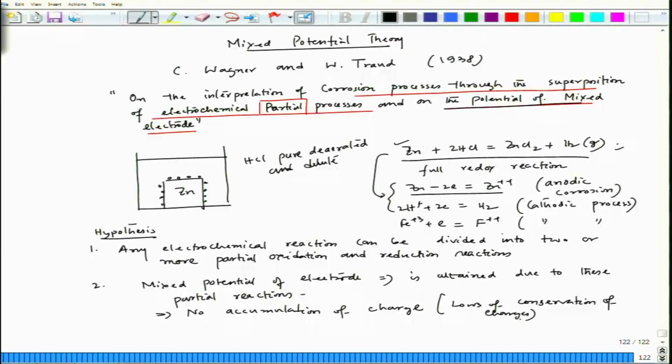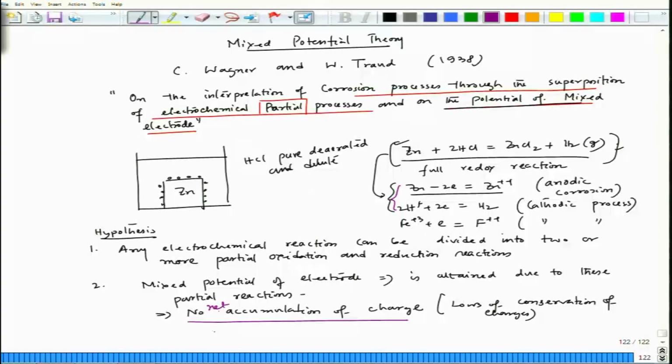So, now we see that there is one cathodic reaction, there are two. For example, if I consider this particular reaction, I could see that there is one cathodic and one anodic reaction. If there is no net accumulation of charge, that means all the charges are balanced.